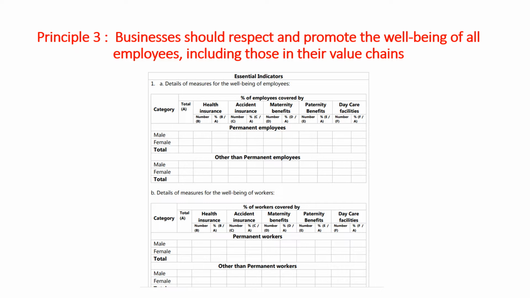First of all, they are asking how many people there are, male and female, permanent and non-permanent, and whether you have provided health insurance, accident insurance, maternity benefits, paternity benefits and daycare facilities, and what percentage of employees are covered with respect to these five well-being measures.